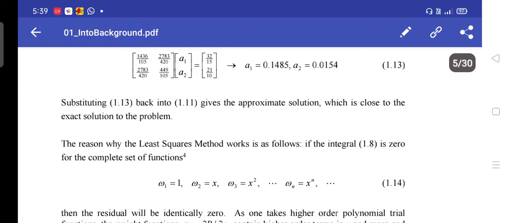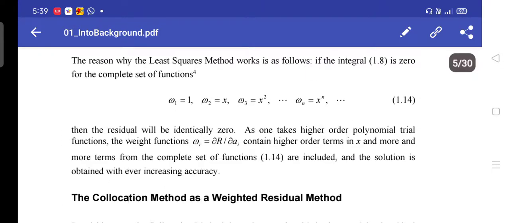If the integral is 0 for the complete set of weight functions, omega 1 equal to 1, omega 2 equal to x, omega 3 equal to x², then the residual will be 0. As one takes higher order polynomial trial functions, the weight functions omega 1 equal to ∂r/∂a1 contain higher order terms in x and more terms from the complete set of solutions. The solution is obtained with ever increasing accuracy.